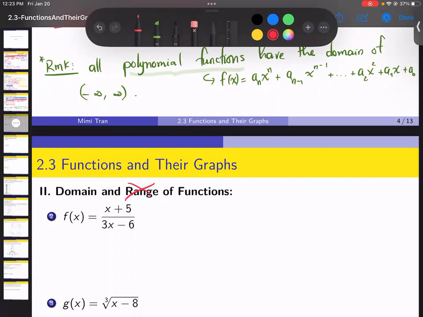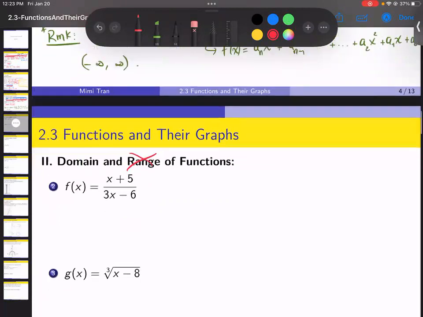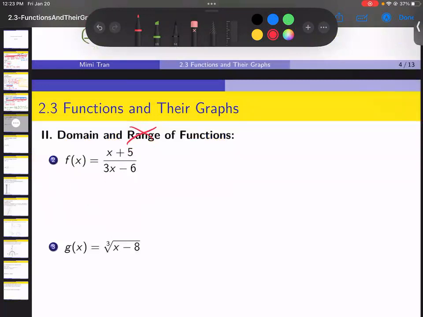What can't be there? Yeah, what can't be there is if the denominator is 0, right? So any value as long as my denominator is not 0, I'm okay. Can the top be 0? Yeah, it's fine, right? 0 divided by a number is 0, but no number divided by 0 gives me anything. So here is the rational function, and all you do is set the denominator equal to 0.